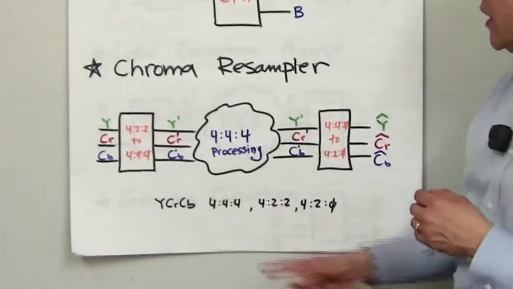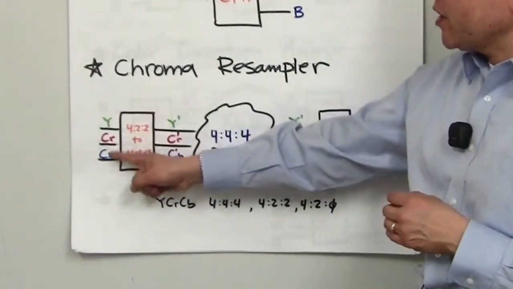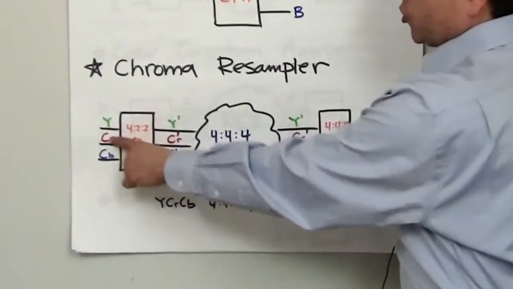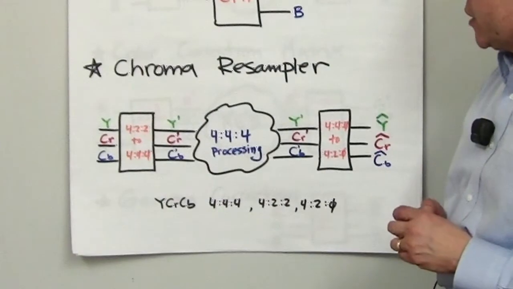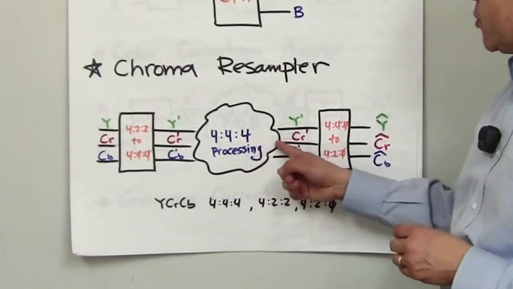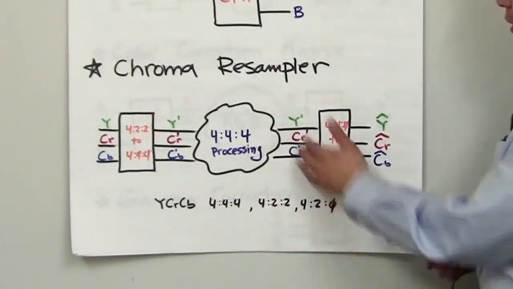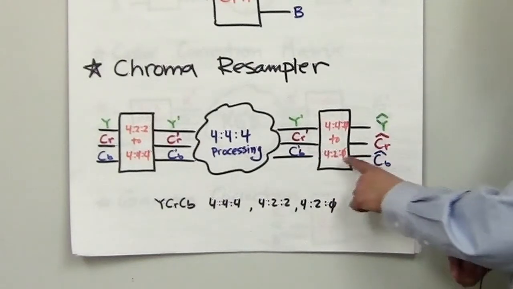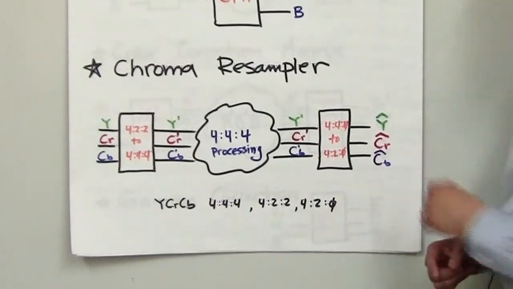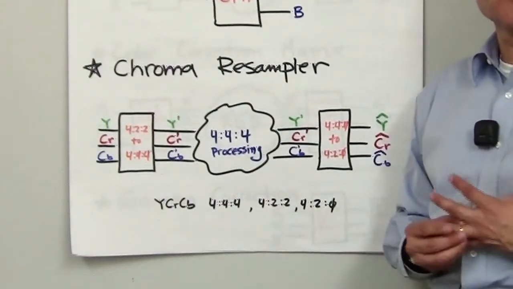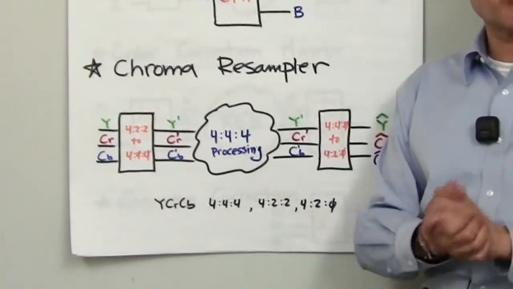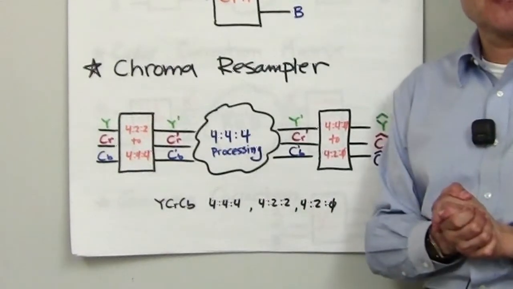In this example, I have represented YCrCb data in the 422 domain that is upconverted into the 444 processing domain. After processing is done, it's converted perhaps to something else. For instance, the 420 domain for transmission or storage, one of those formats that are key for processing in a compression device.